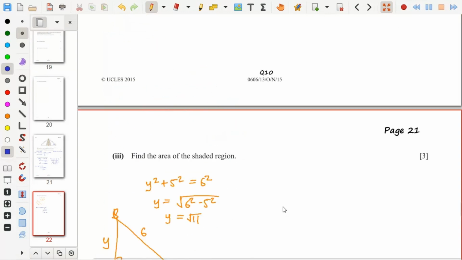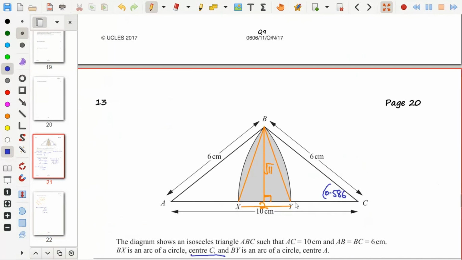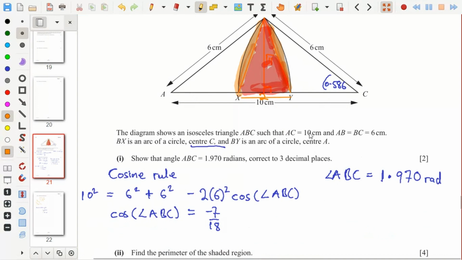Okay, now the last part left. Look at the diagram. Let's come back to the diagram. So I have been able to find the area here. So if you look carefully, what is left? You can see that it's left with this side, which is actually a segment. You can see that's 2 segments of the same area.